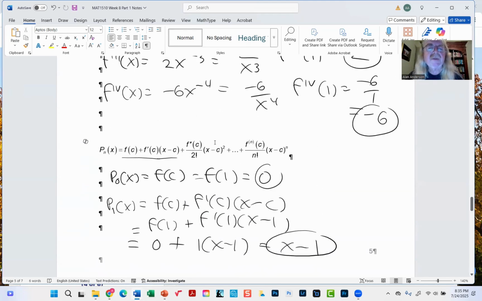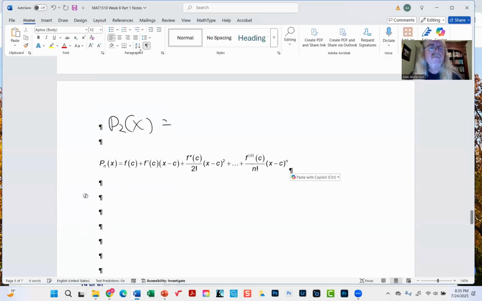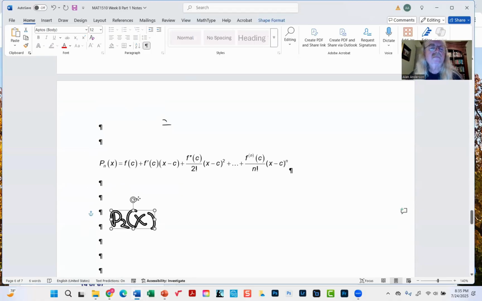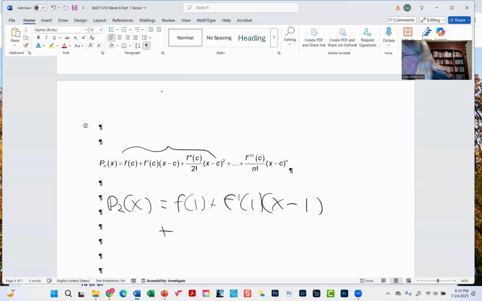is, actually, I'm going to copy this again so I don't have to keep scrolling back and forth 100 times. So we're going to have f of 1 plus f prime of 1 times x minus 1 plus f double prime of 1 over 2 factorial, or 2, x minus 1 squared.